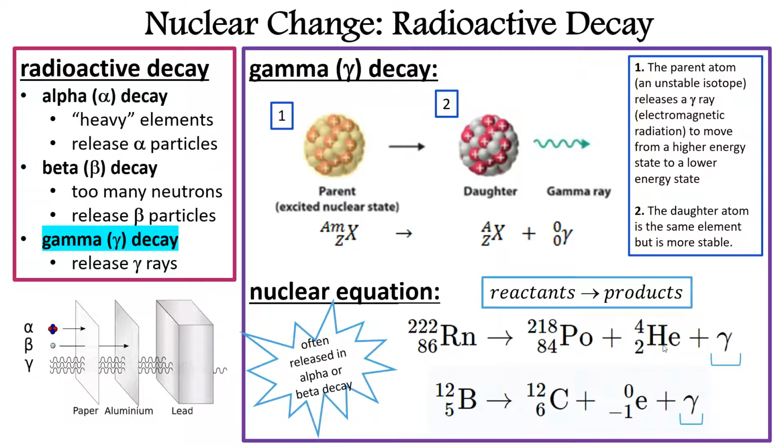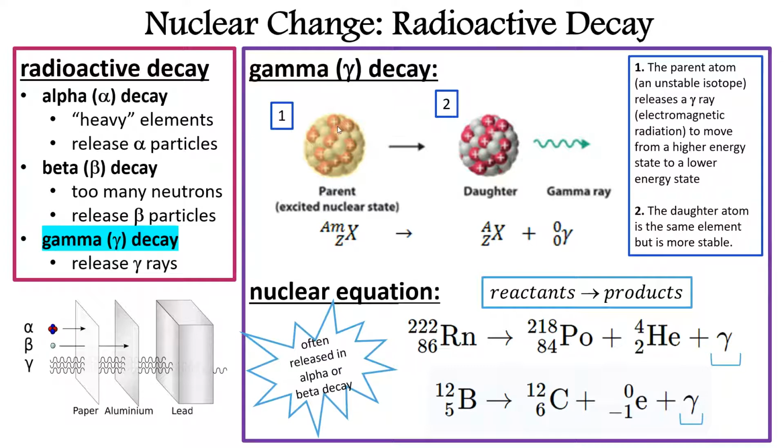Here's our last one, gamma decay. For gamma decay, it's not actually a particle that gets released, it is energy. What happens is the nucleus of your parent atom is in this really excited high energy state. Similar to when we talked about electrons being in high energy state, in order for them to move to a lower energy ground state, they need to release a photon.